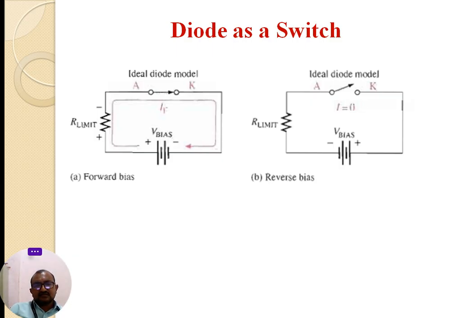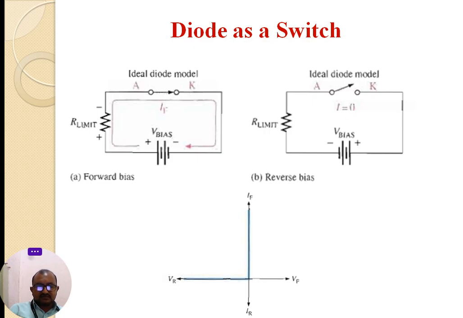If the diode is connected in reverse bias condition, no current flows through the diode, and the diode acts as an open switch. Using this property, we can use the diode as a switch in digital electronics. If we require an on switch and off switch for some milliseconds, we have to use a diode as a switch.